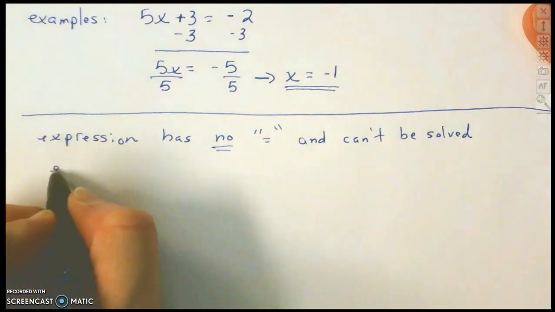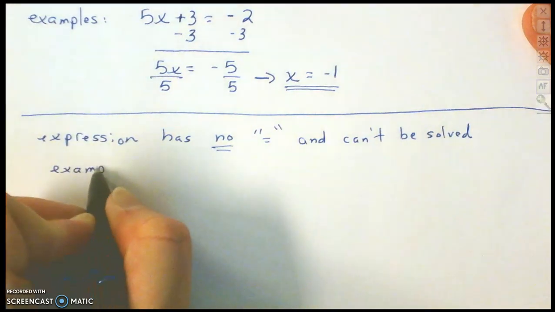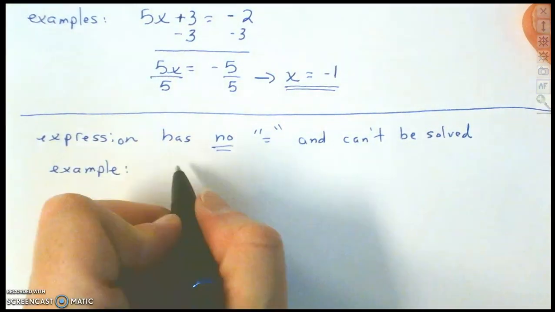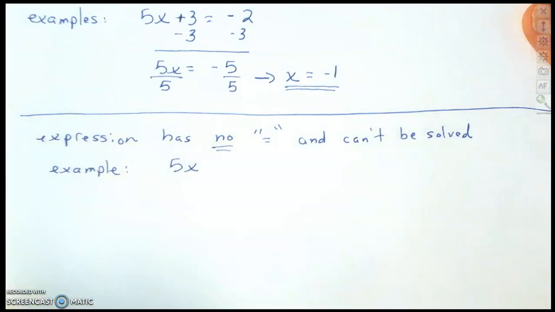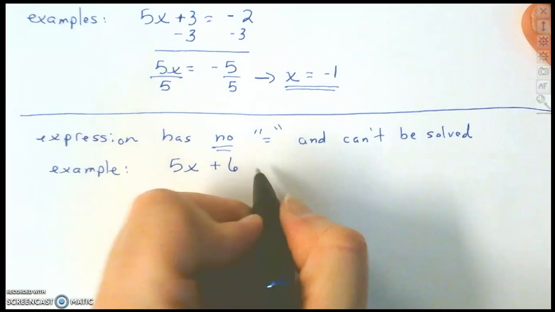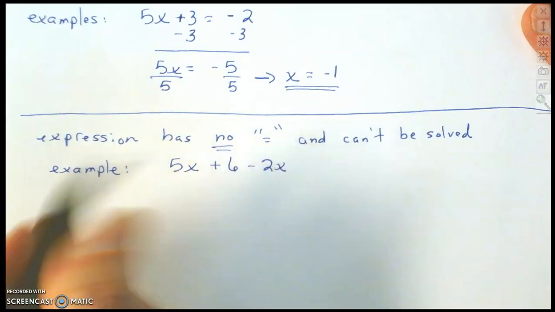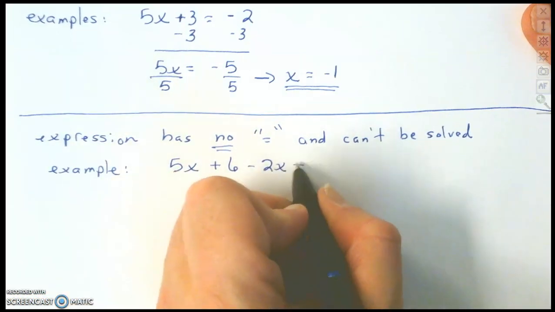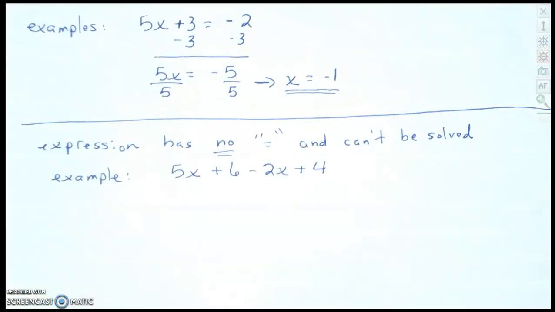So here's an example of an expression. 5x plus 6 minus 2x plus 4. Okay, so this is an example of an expression. We do not have an equal sign, so we cannot solve it for x.